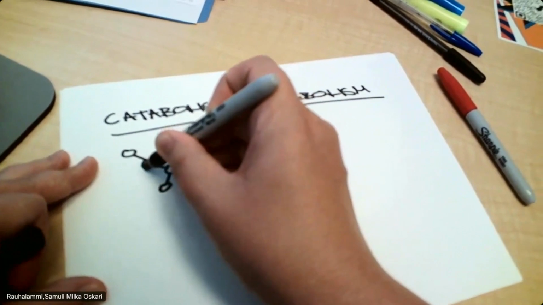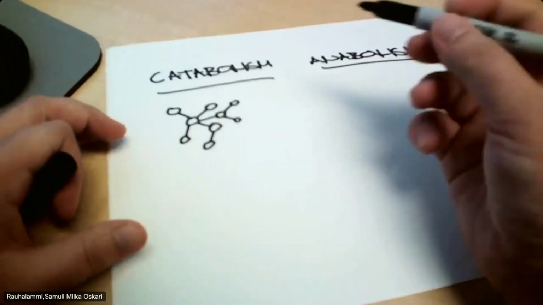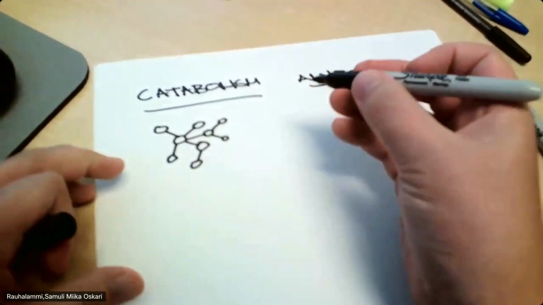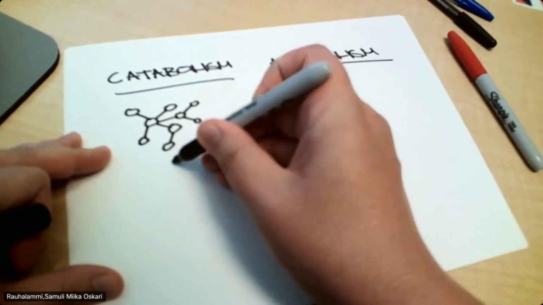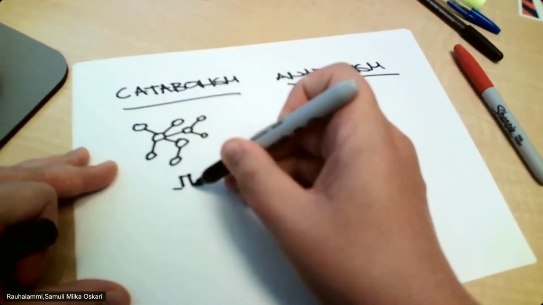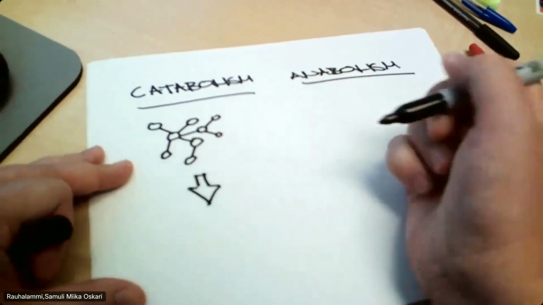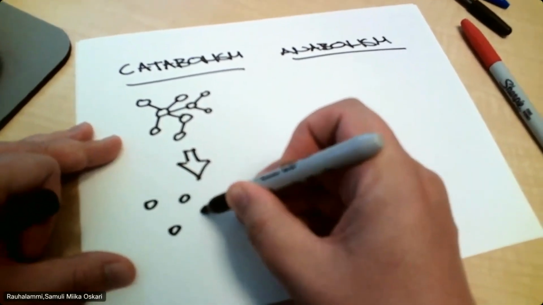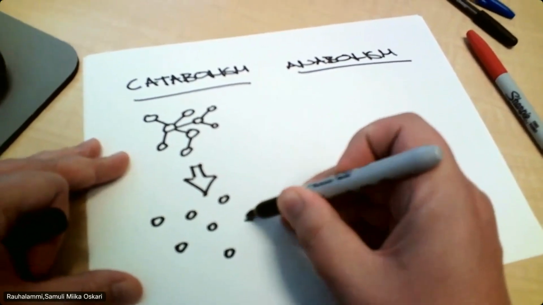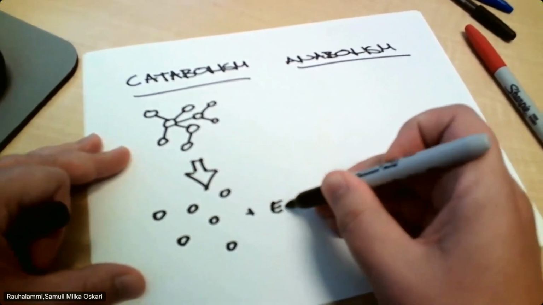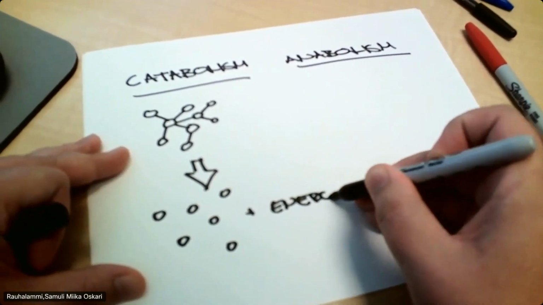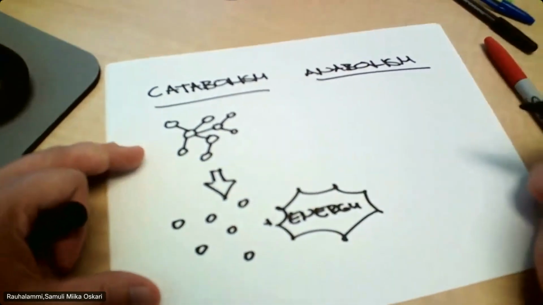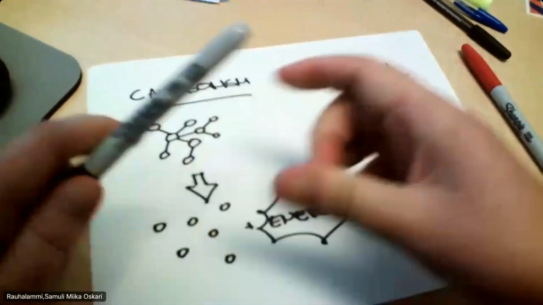You remember that these connections, these bonds between individual atoms, were really important. As this large molecule breaks apart during a catabolic reaction, we're left with individual atoms, but by doing so, we're also releasing energy.